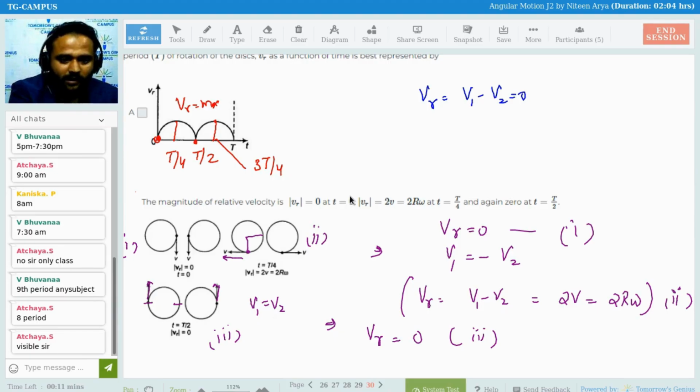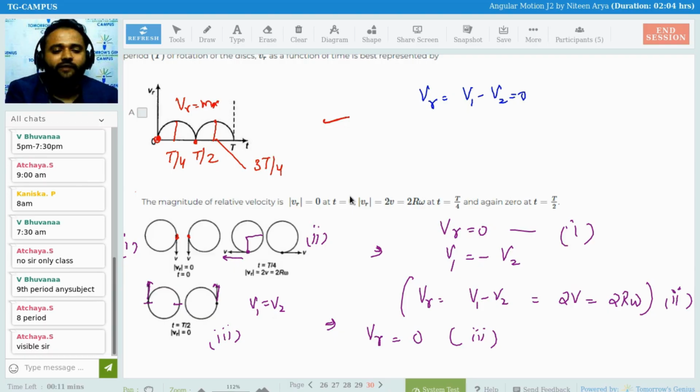Then it completes one cycle, reaching the first position again, 0. Got it? That is why option A is correct. Any other option you see on that test is not correct. Clear, everyone?